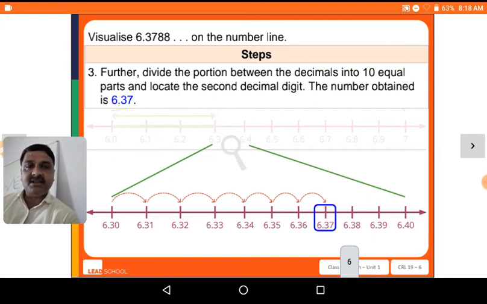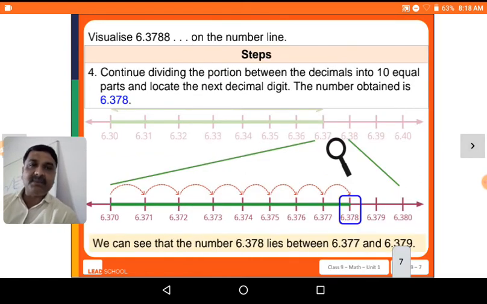So 6.30, 31, 32, 33, and so on. The number should lie between 6.3 and 6.4, because after 3 we have to bring 7, so the digits are 6.37. Between 6.3 and 6.4 we keep 10 equal parts. So this is step number 3.